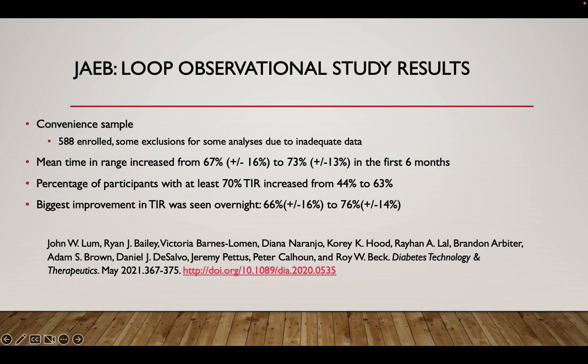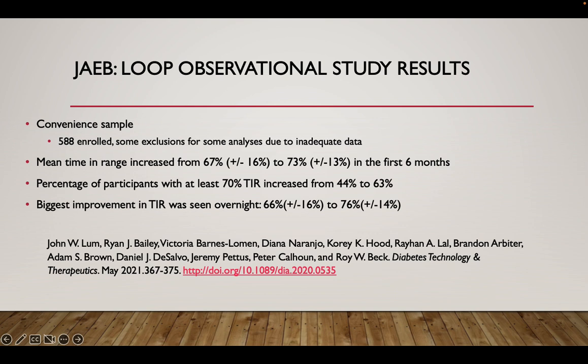You might think, oh, 6% isn't really very much, but the thing we have to recognize is that 67% as a baseline is actually really high, and the higher you get up as your baseline, the less scope you actually have for improvement. And the percentage of participants who got at least 70% time in range increased from 44% to 63%.